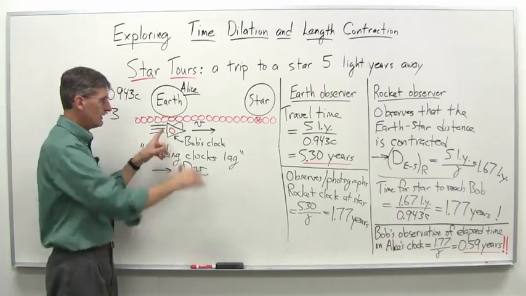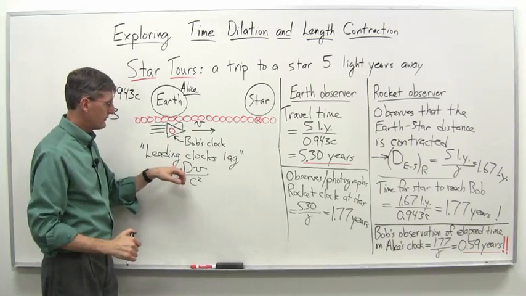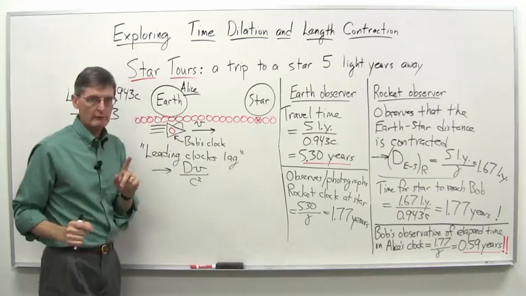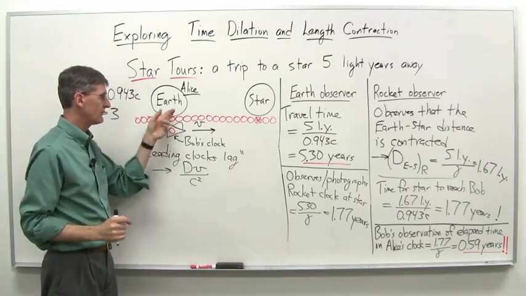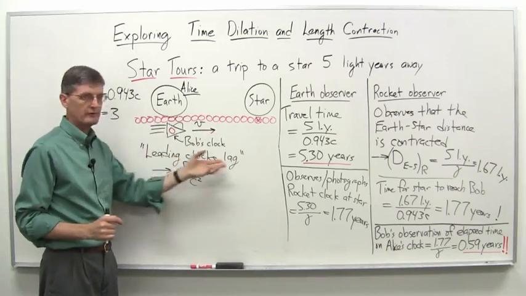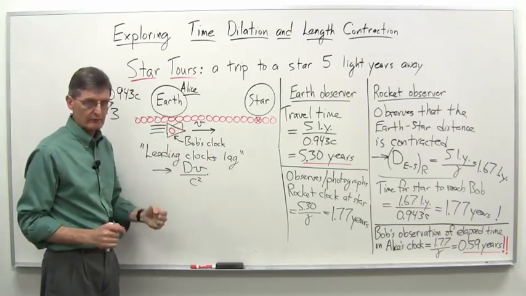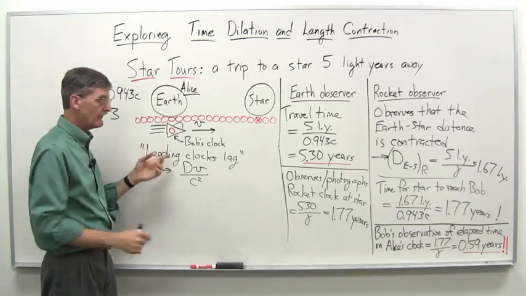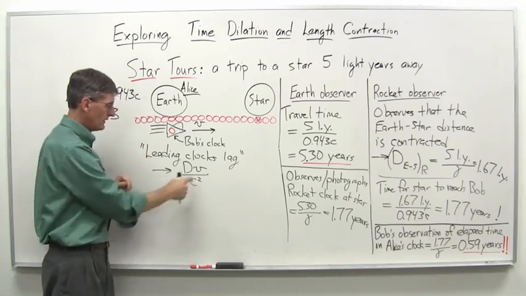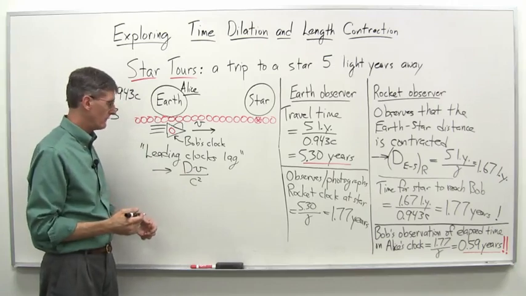Pick any two clocks in that lattice, and the distance d between them is the distance in the moving frame of reference. So it's the distance that Alice sees between the two clocks, not the distance Bob sees between the two clocks. That's important because Bob's distance is contracted, as we saw, but it's the distance Alice sees in the clocks' frame of reference. V is the velocity between the two frames of reference, and of course, c squared here.